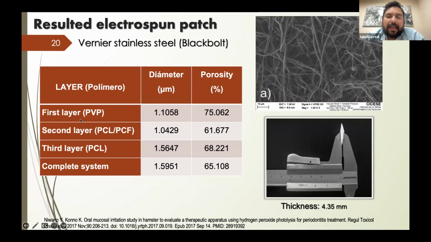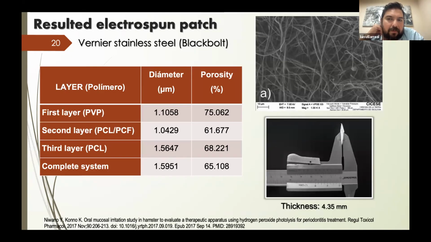In the case of the fiber diameters, we get diameters of about 1 micrometer. We decided on these thick fibers, 1000 nanometers, because we need good mechanical properties. If you have thicker fibers, you have better manipulation of the system.